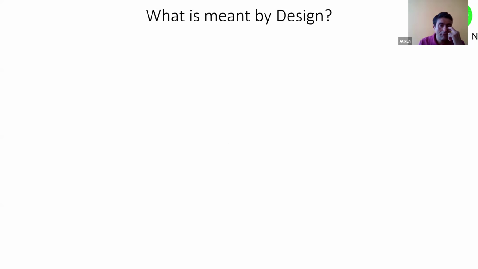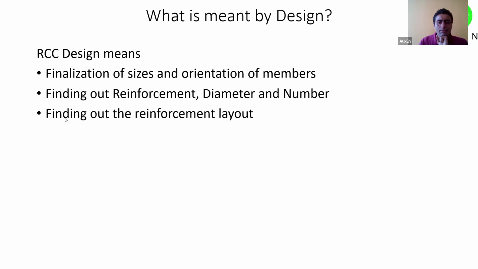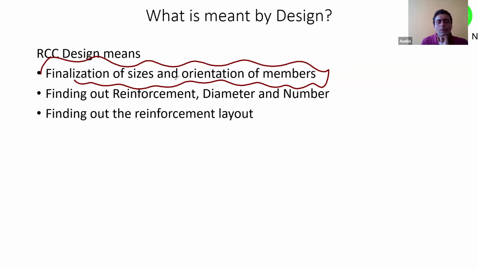In the context of RCC, when I use the word design, it would mainly mean that I'm going to finalize the sizes and orientation of each member that is in your system.